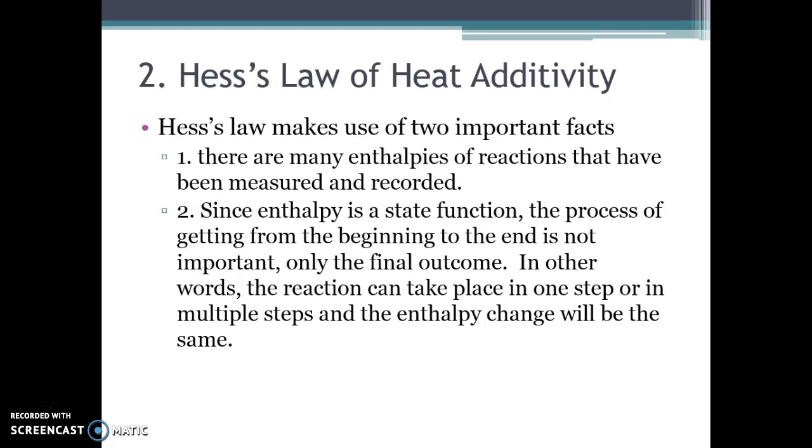It's only the starting and ending point. The pathway doesn't matter. So we can have the reaction take place in a single step, or we can have the reaction take place through a series of multiple steps, and it doesn't matter as long as you wind up in the same place in the end.